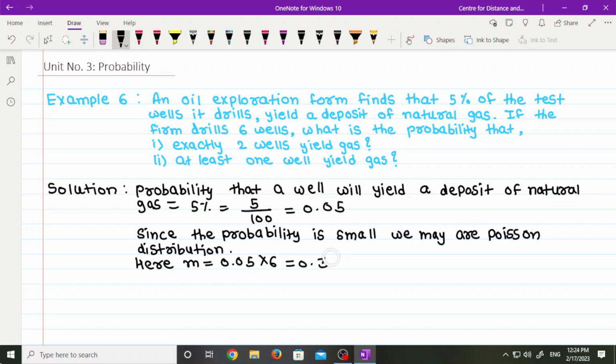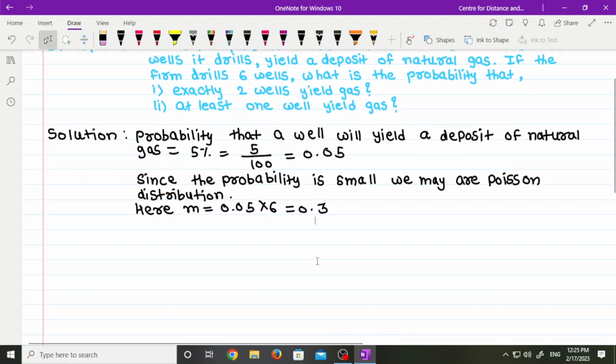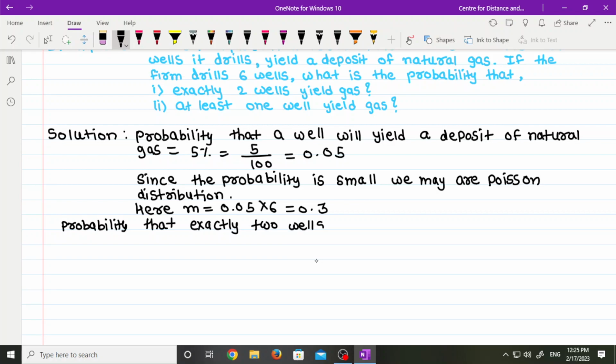And here we have to find the probability that exactly 2 wells yield a deposit of natural gas, which is equal to e raised to minus m, m raised to x, divided by x factorial.